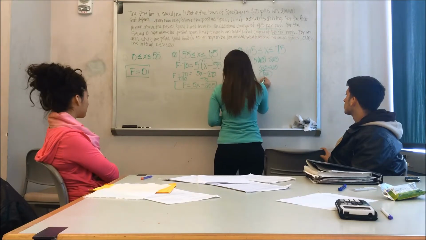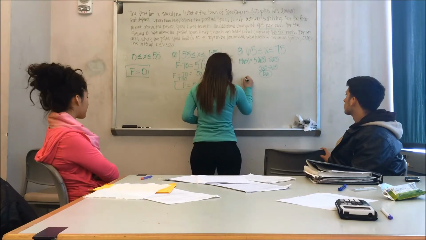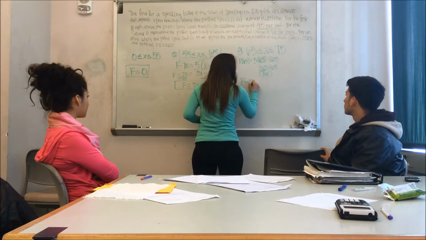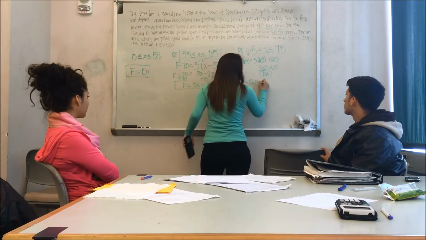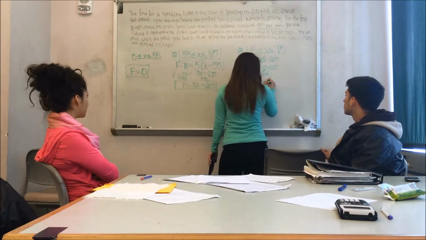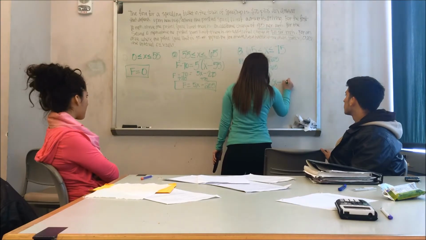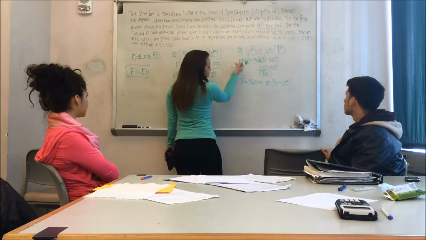Okay, and now this one, we're going to come up with our other equation again. So we're going to get F minus 120 that we just got equals the $10 charge, X minus 65, because that was our initial here.